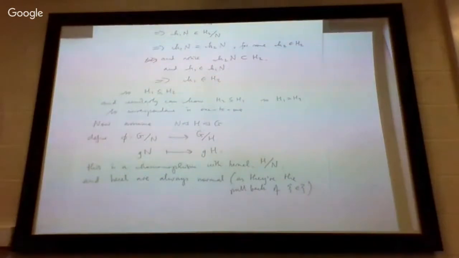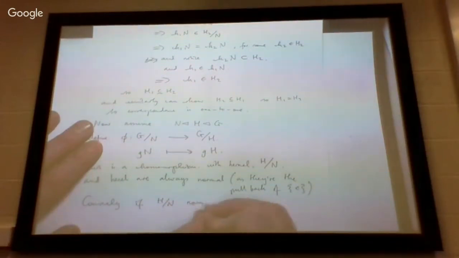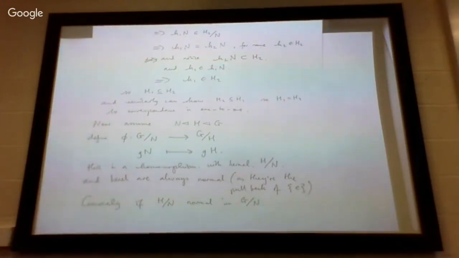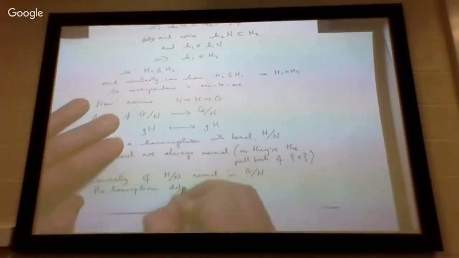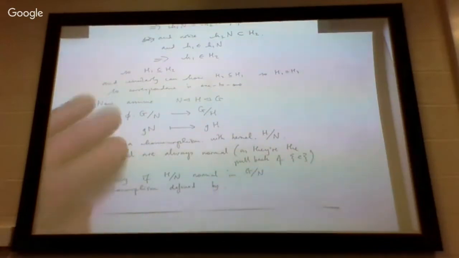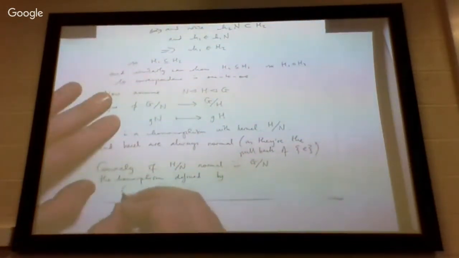And then conversely, if H mod n is normal in G mod n, then consider the homomorphism defined by: so what are we doing?